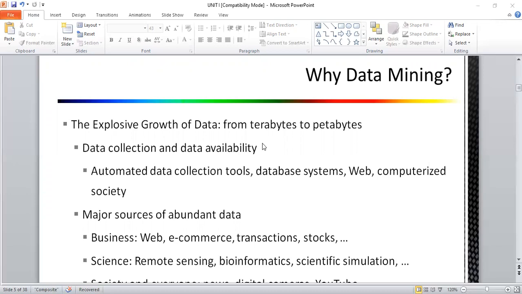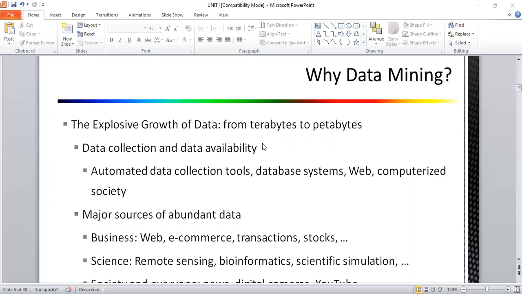Basically, we are trying to mine the huge amount of data. Mine means we are trying to dig down deep into that data and we want to extract some information from it. So we have this data in a huge number and we are trying to find out some information, to discover some knowledge from that data. So that is called data mining.